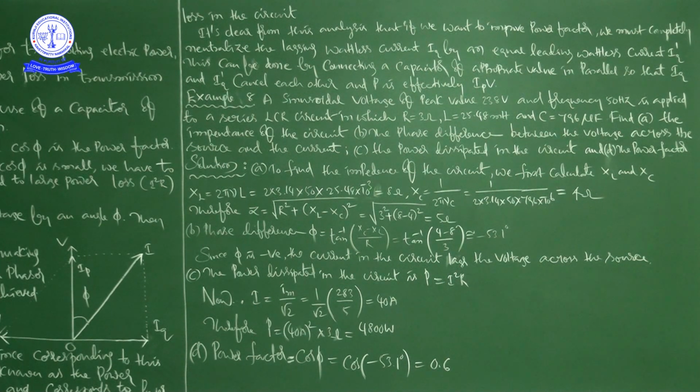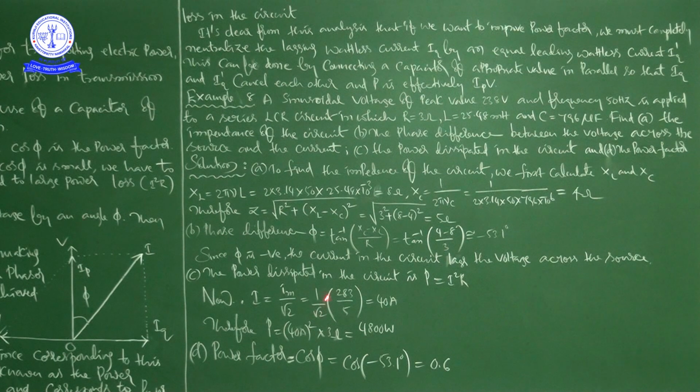Now, next problem. There are 4 things, A, B, C, D. So A and B are completed. Now C, the power dissipated in the circuit. The formula is P is equal to I square into R. But what about I? I is equal to Im by root 2.